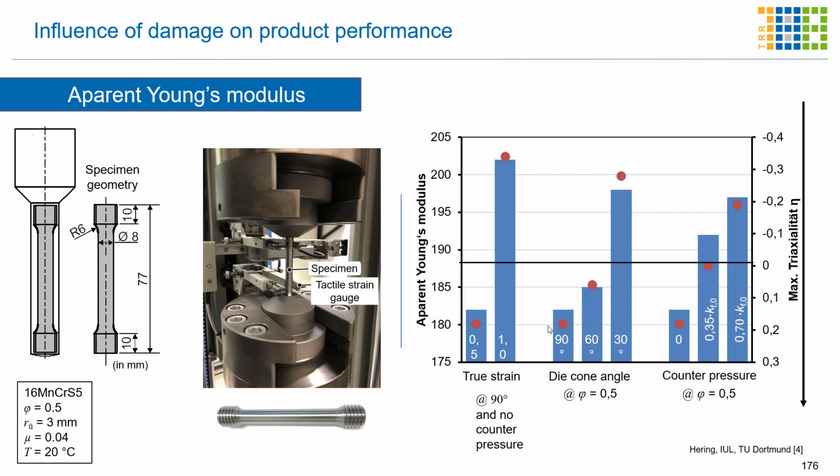But it's hard to determine whether different extrusion strains have a positive impact on the apparent Young's modulus in terms of the damage, because these two specimens cannot be compared with each other because the strain hardening is different.